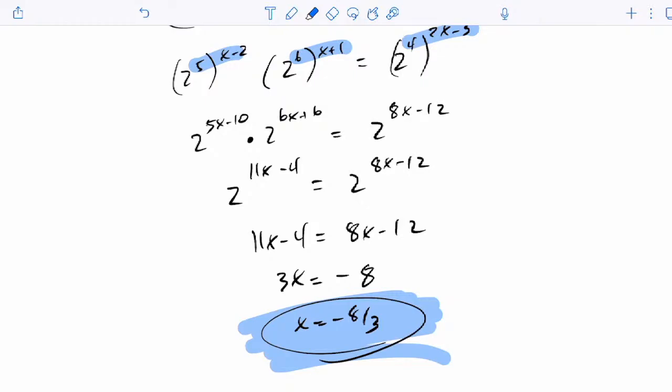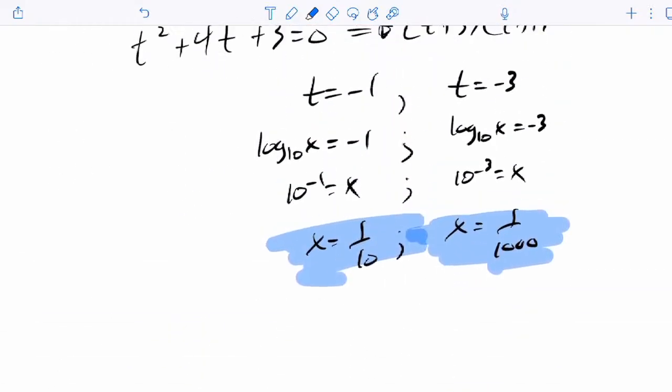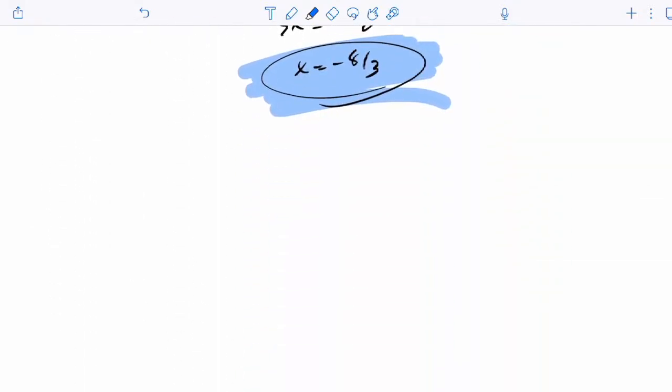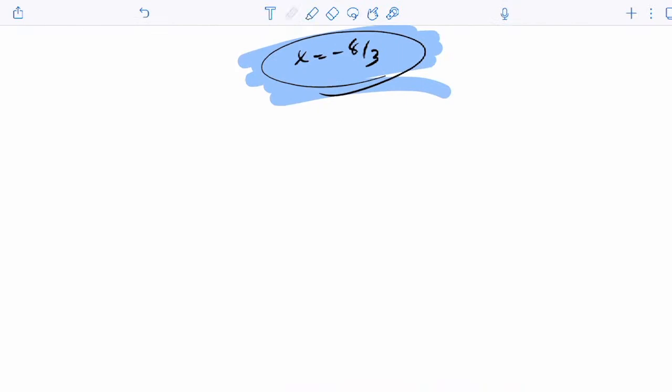Okay, good. So negative 8 over 3, that's 83, and then 87. Oh, it gets cut off. Okay, I'll just put my screen up a bit.